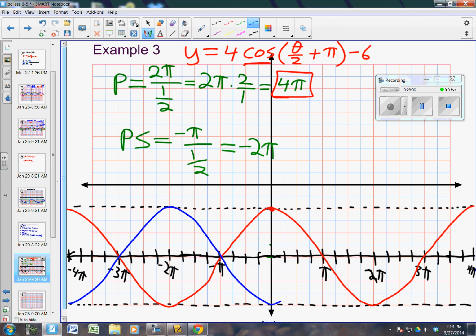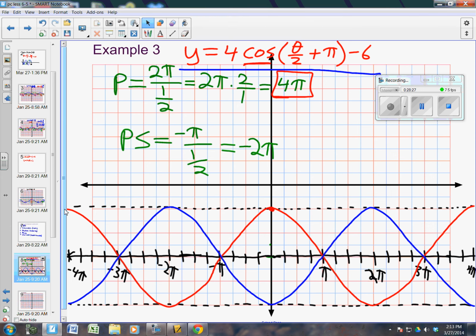Bottom out at 0. Cross through pi. Up to 2 pi. Down here. And we have the graph of y equals 4 cosine of theta over 2 plus pi minus 6. We shifted it to the left, that -2 pi.